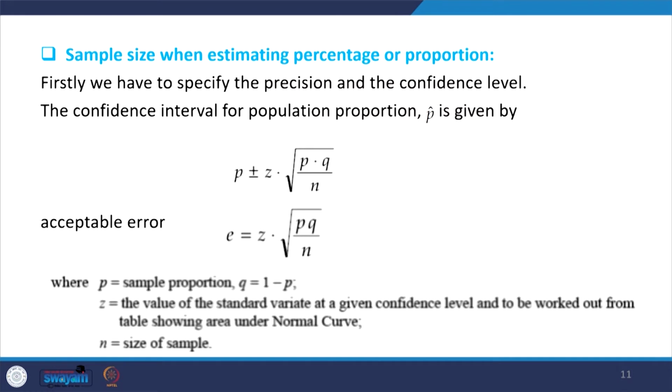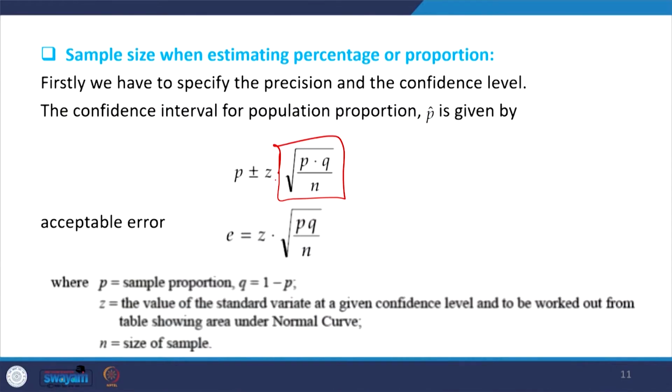Similarly, when instead of the exact standard deviation or those figures, you are given information about proportion or percentage, when we have to specify the precision and confidence level, the confidence interval for proportion, that is p hat, is given by p plus or minus g times square root of p into q divided by n.